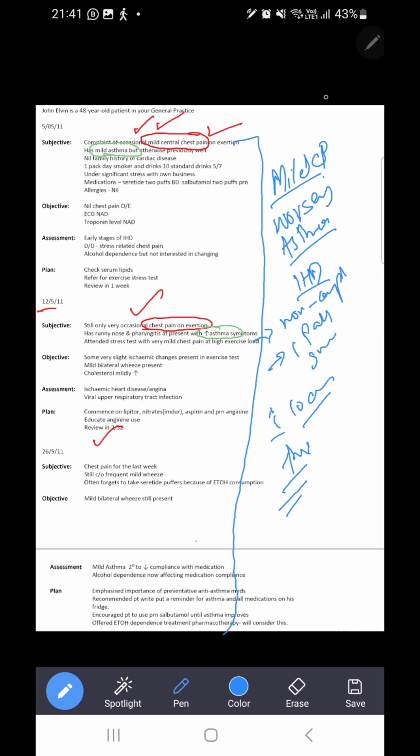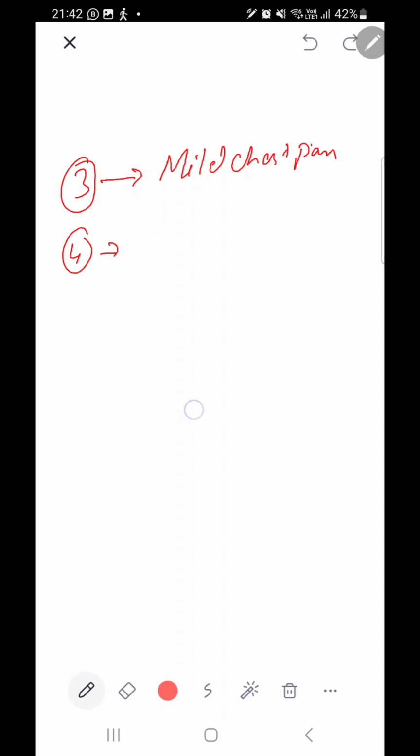In the paper, the same question is asked: say the patient came to you three times with mild chest pain, and now on the fourth visit he's here with severe chest pain.